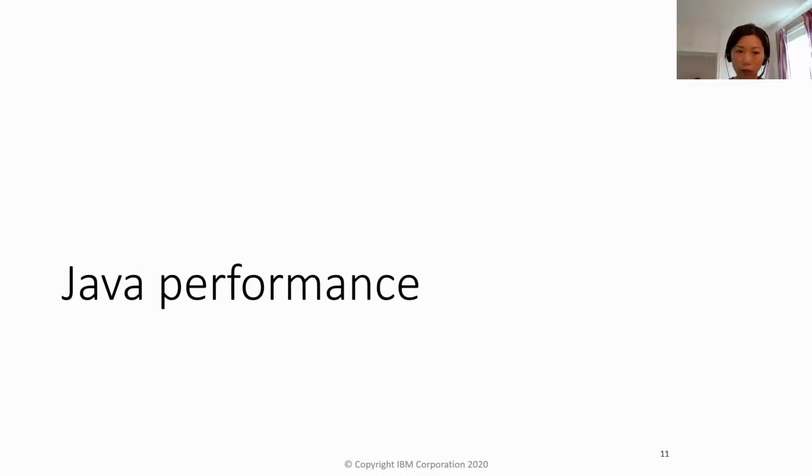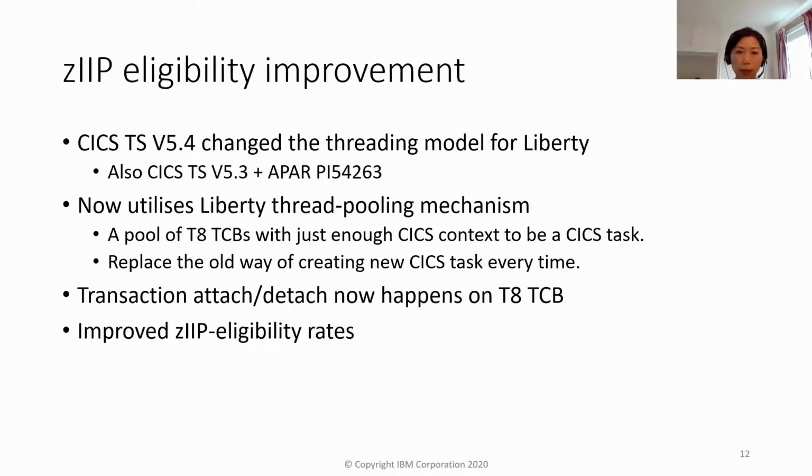Okay, so we got a lot of improvement on functionality, and we improved the application developers' experience. Now I'd like to show you some aspects of how Java performs in CICS. In CICS 5.4, and also available in 5.3 with APAR, we've changed the way of threading and the T8 TCB creation for Liberty and the JVM.